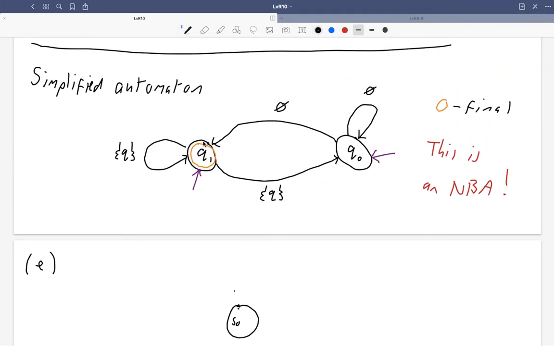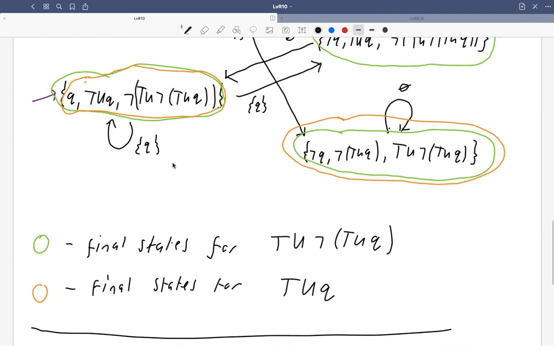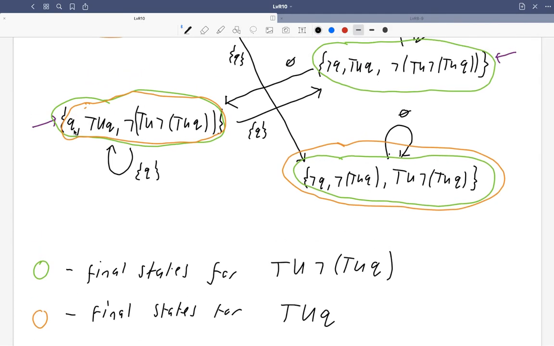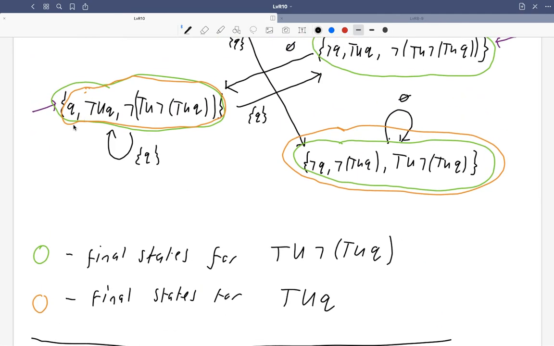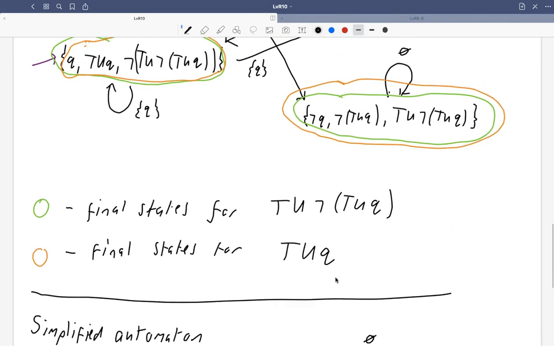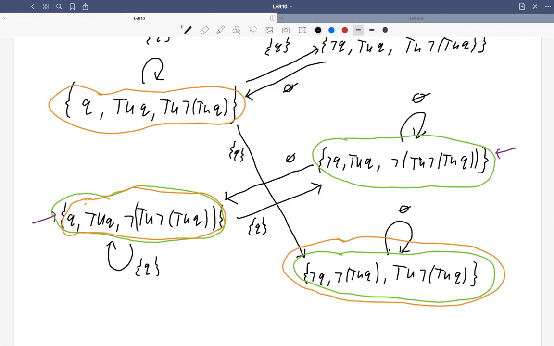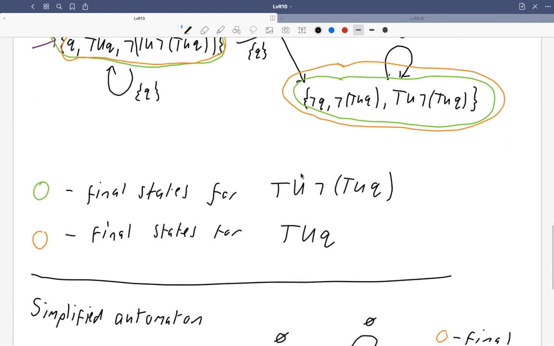Our Bookie automaton has singleton Q associated with it because the transitions coming out are singleton Q. Q1 is short for the set that contains the atom Q, whereas Q0 is short for the set that does not contain the atom Q. So this has the empty set of atoms, and the transitions out are therefore labelled with the empty set.